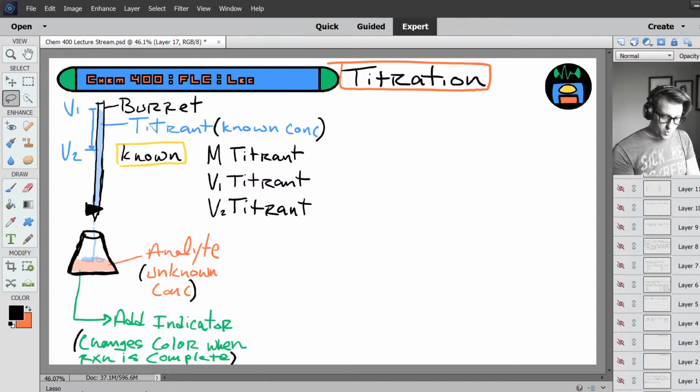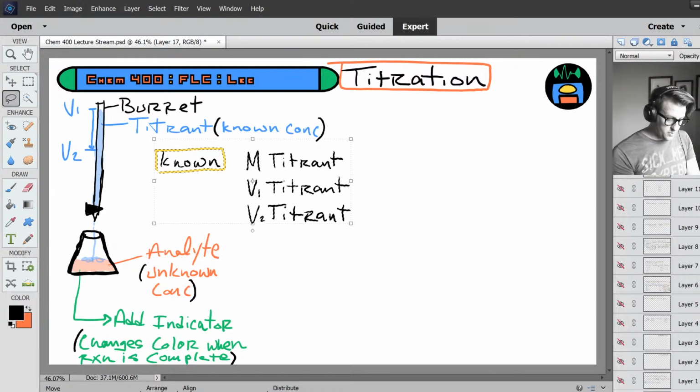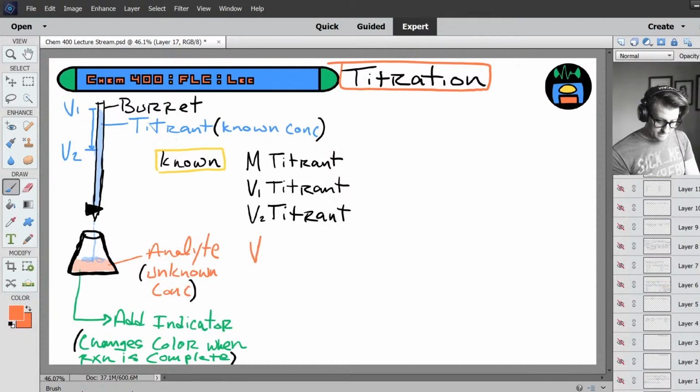And there's one additional piece of information you will know when this is over. All right, the one additional piece of information that you'll be given in problems like these is you will also know the volume of your analyte.